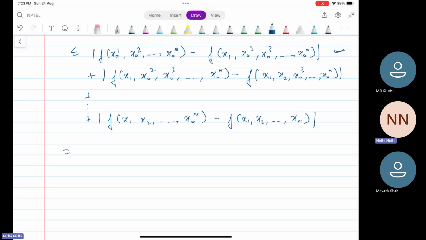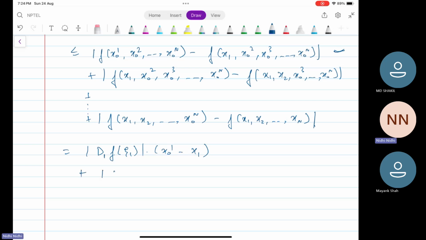This will be equal to the derivative with respect to the first variable of f at some point xi1 times x naught 1 minus x1.